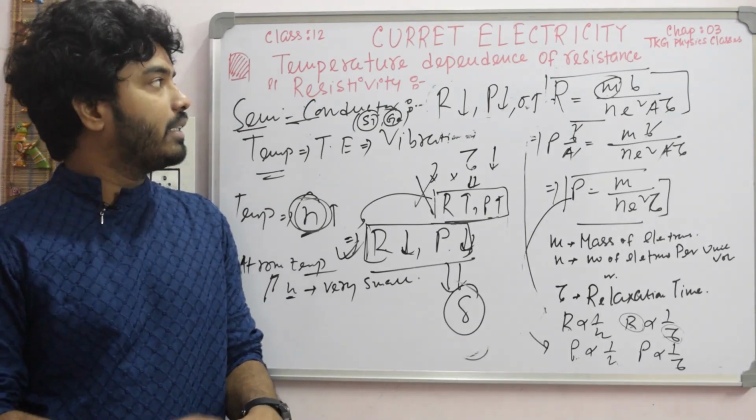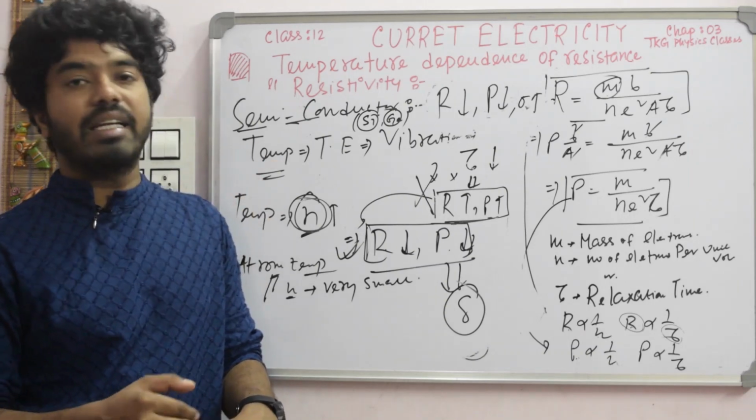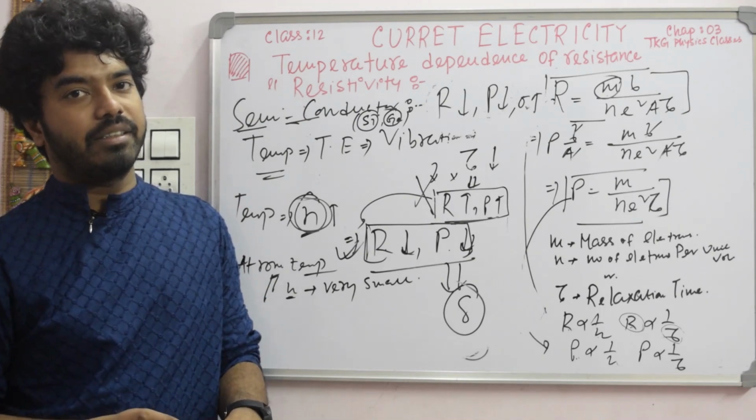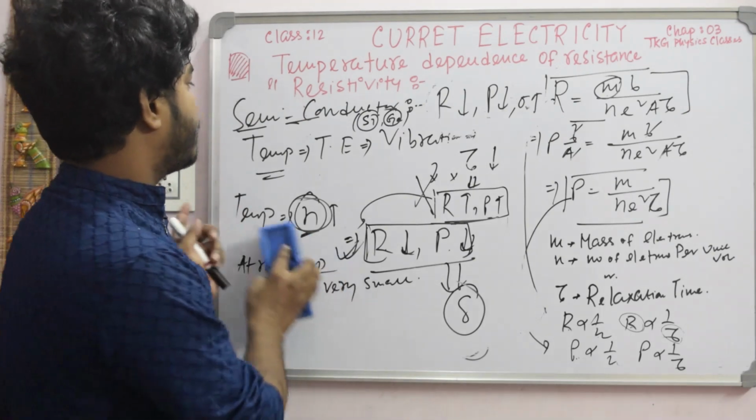Now we will check the dependence of resistance and resistivity in the case of a conductor mathematically.